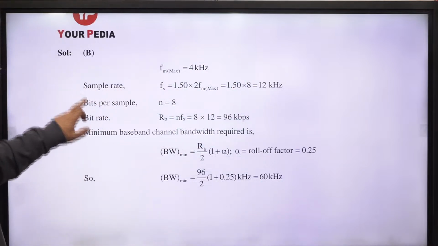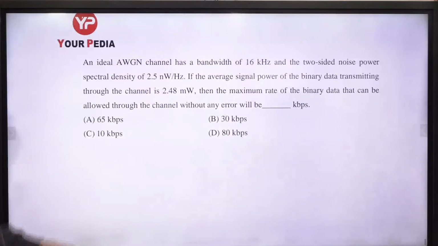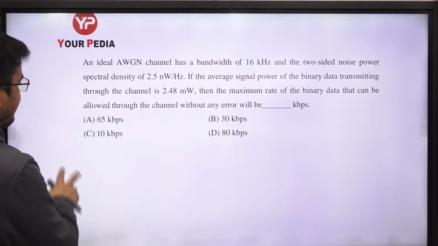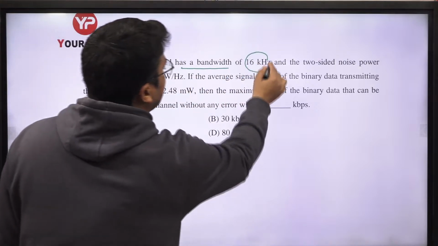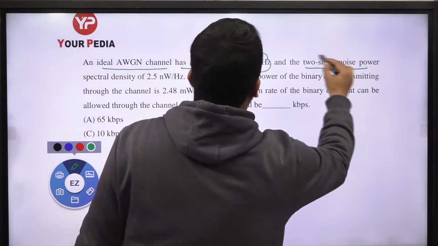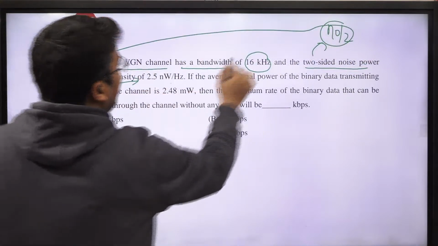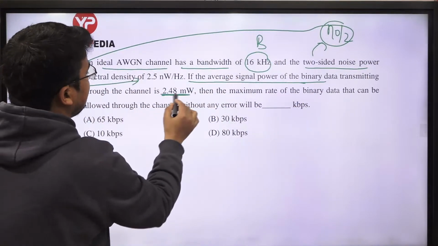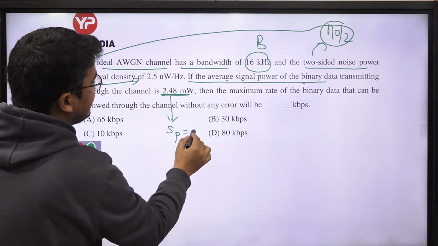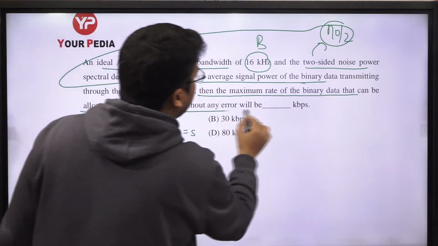Now we have the last question from communication that was skipped by sir because he was solving his part. This question is: an ideal AWGN channel has a bandwidth of 16 kilohertz and two-sided power spectral density eta naught by 2 as given, and this is B. If the average signal power of the binary data transmitted is P, this is the signal power, then the maximum rate of binary data that can be allowed on the channel without any error will be?